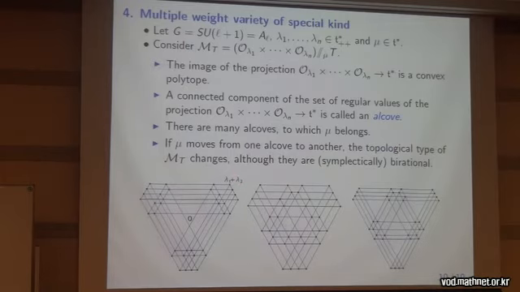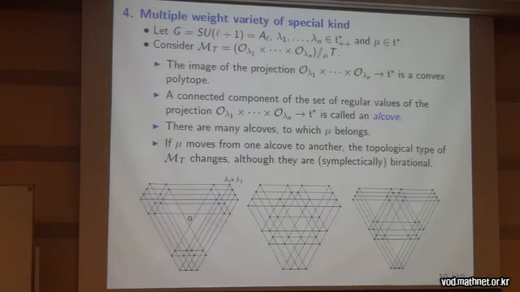You see the projection of the product of coadjoint orbits to the dual of T is something like this, a convex polytope. A connected component of the set of regular values of this projection is called an alcove. Alcove means, for example, here, here, here, such a region. We call them alcoves.